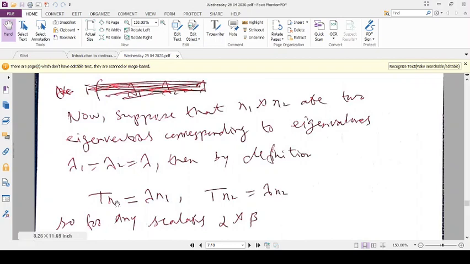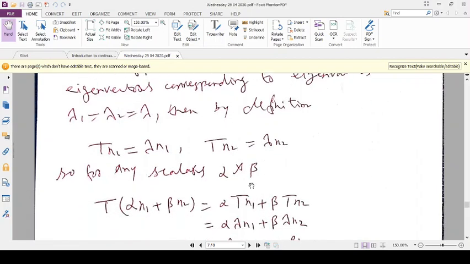Then by definition we can write this and this. Alpha and beta are scalars, then T of alpha n1 plus beta n2, with n1 an eigenvector, alpha n1 a scalar multiple, plus n2 an eigenvector, beta a scalar multiple of n2.